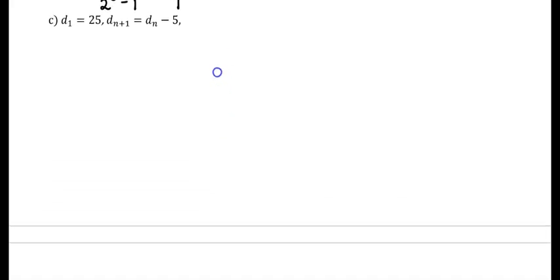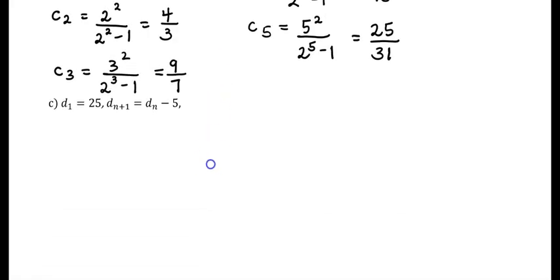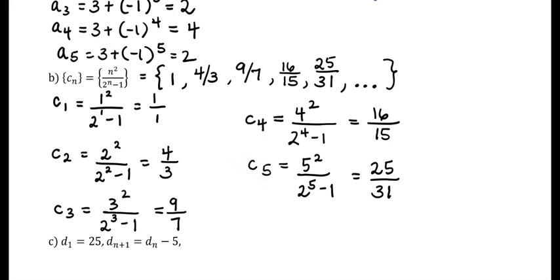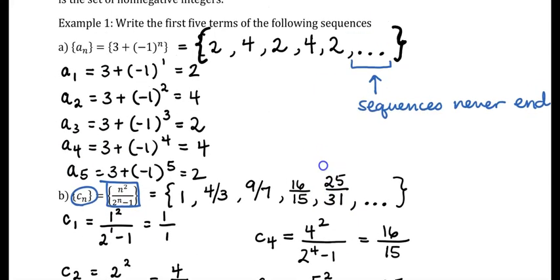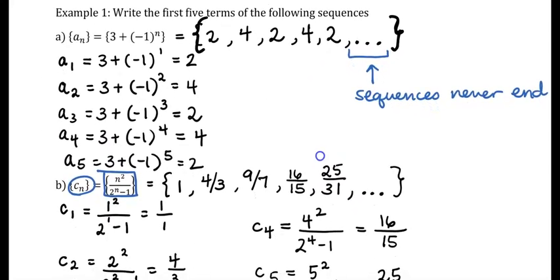In example c, our sequence is not defined explicitly. And what that means is we're not giving an explicit formula for what the nth term of the sequence is, like we were in examples 1a and 1b. We were given a formula and all we had to do was plug into that formula to get the nth term of the sequence.